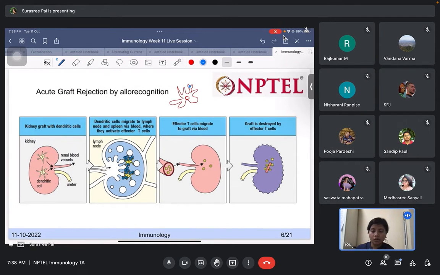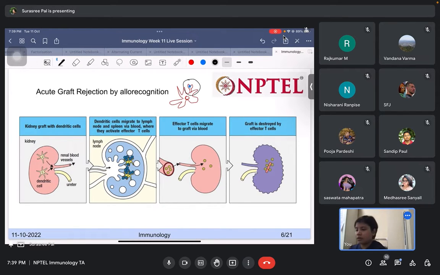So these are the tissue resident dendritic cells. Now when these dendritic cells go via blood to the lymph node, the effector T cells of the recipient can recognize this particular MHC peptide complex as foreign, and then they become activated, right?